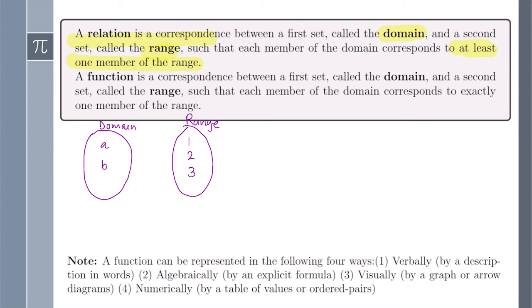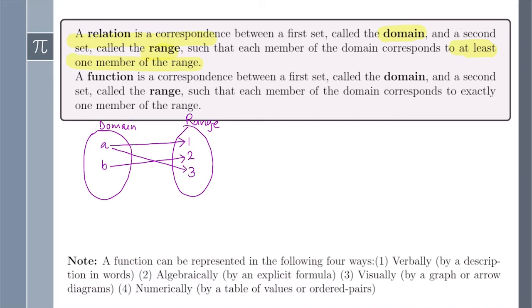Now let's say A is associated with 1, or A is mapped to 1, or A corresponds to 1, and then B corresponds to 2, and then A again corresponds to 3.